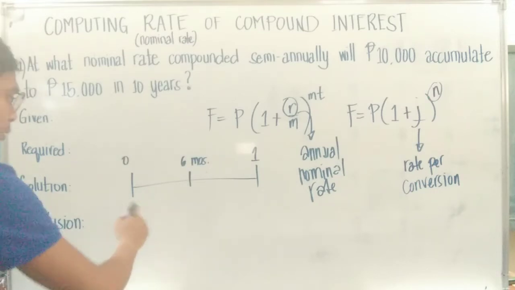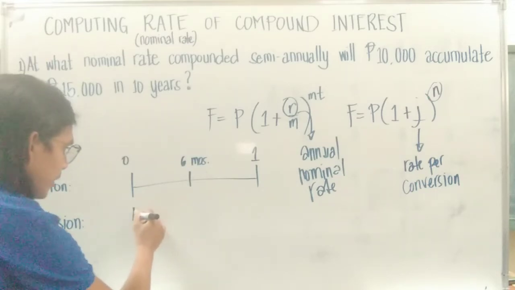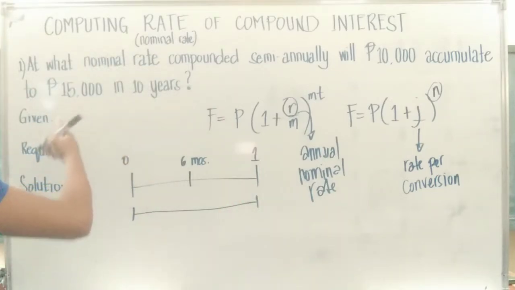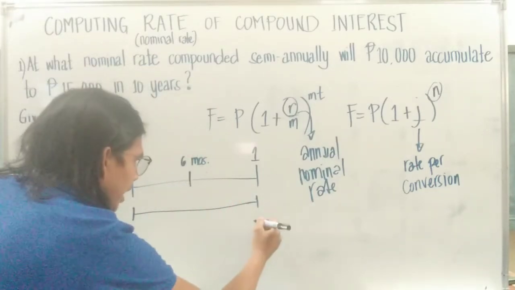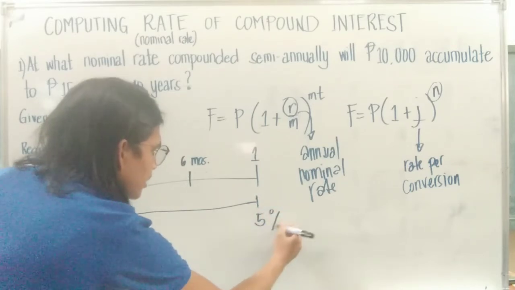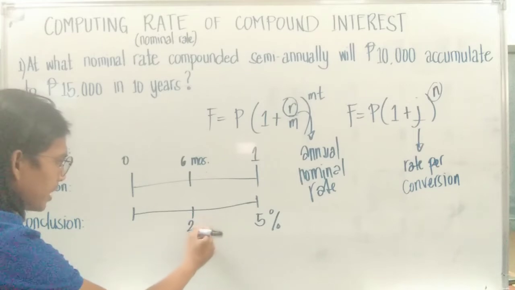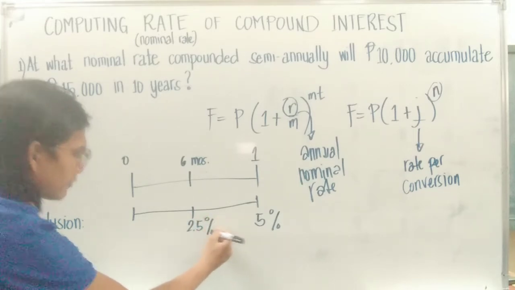From 0 to 1, for example, we have 5%, so of course it will be 2.5% in here.